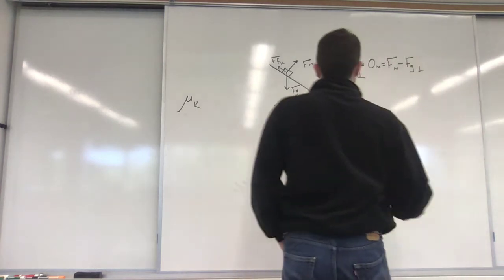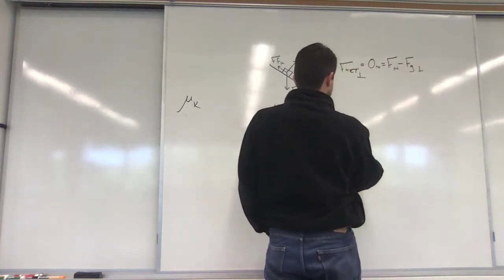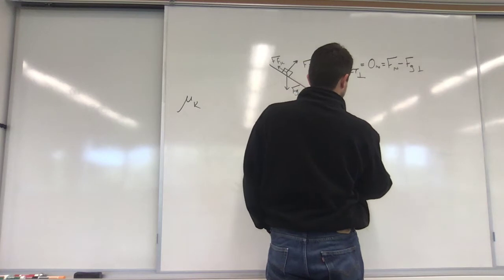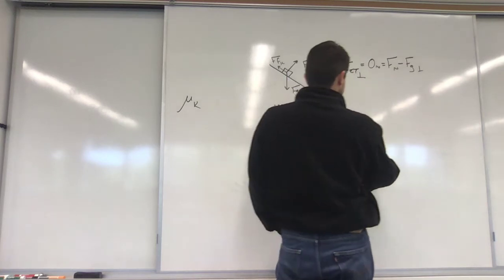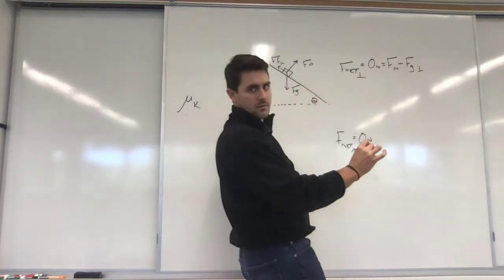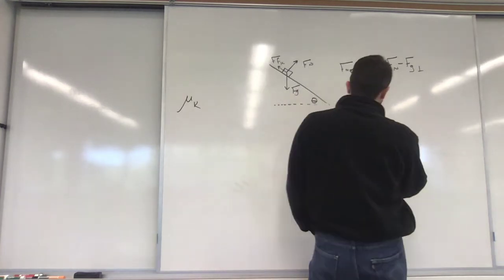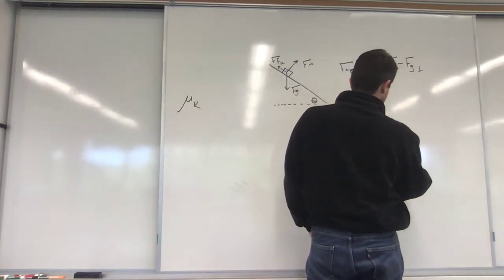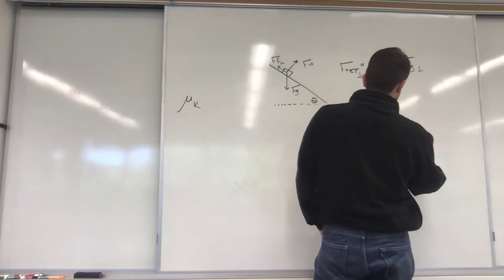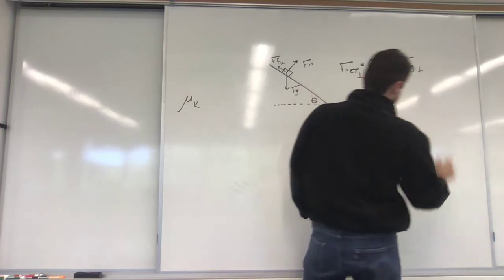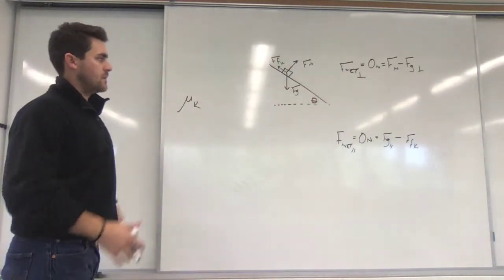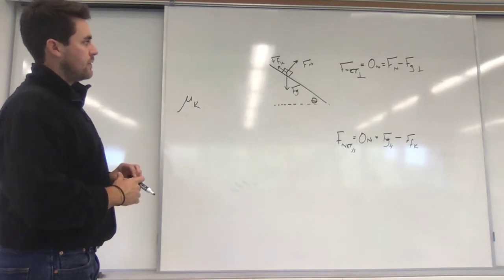I'm also going to say F net parallel to the ramp is equal to 0, constant velocity, and therefore Fg down the ramp, or parallel, minus force of friction, kinetic. These are the two things that I have to work with.